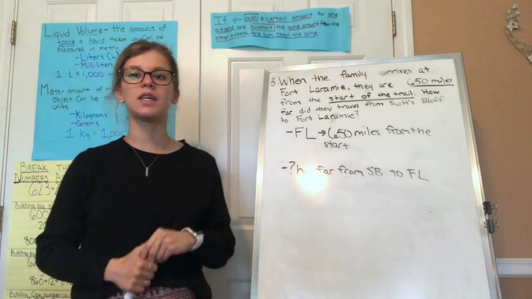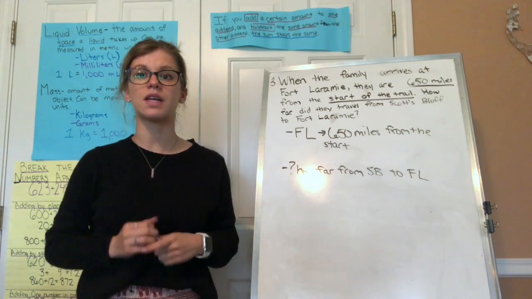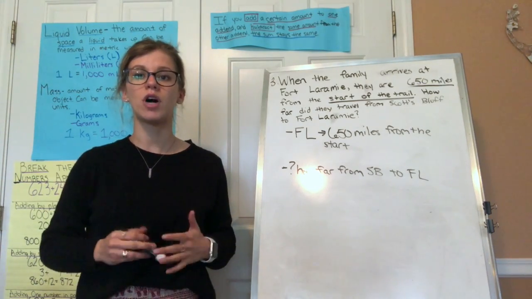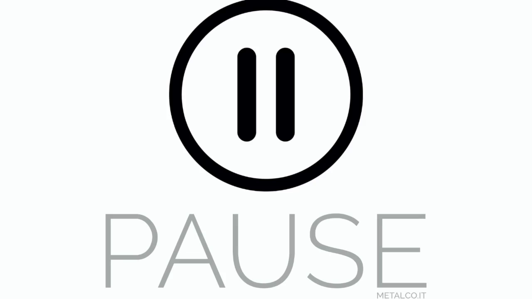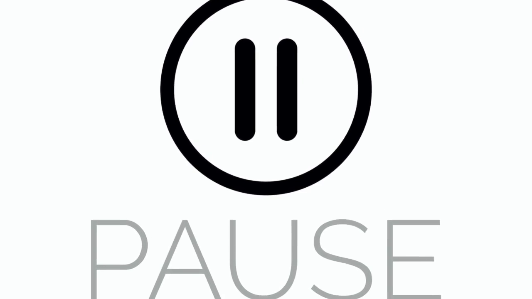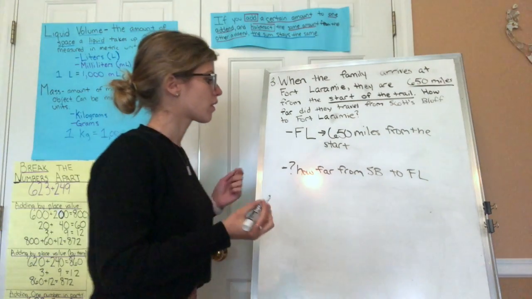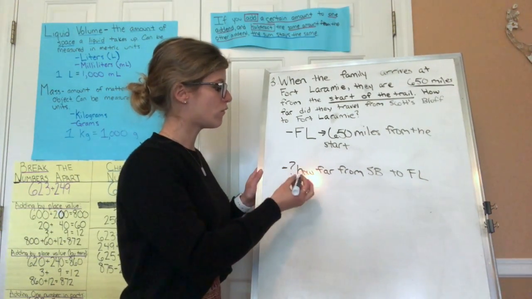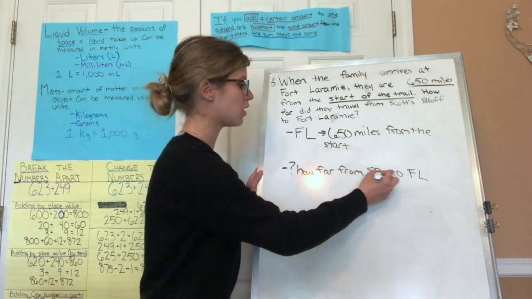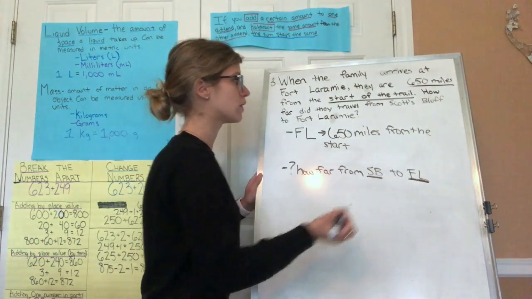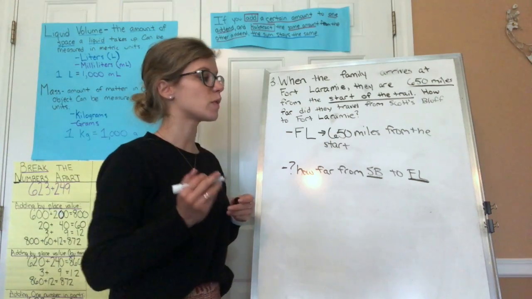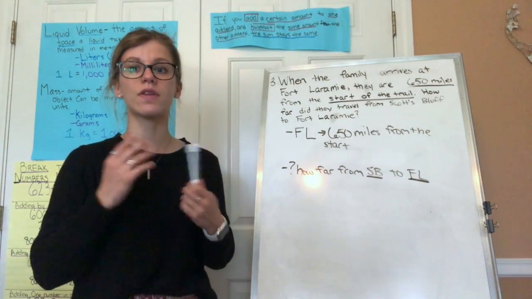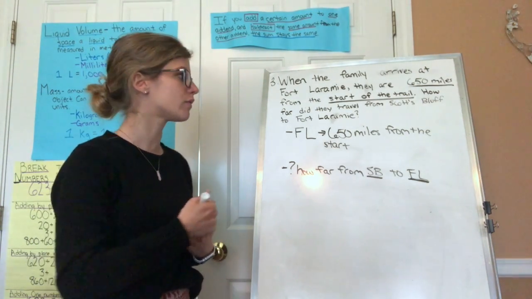I'm missing a key part of information that I need in order to solve this. Pause me and think about what else I need to be writing in order for me to solve this. In order to figure out how far from Scotts Bluff to Fort Laramie, I need to figure out how far they already traveled from the beginning when they got to Scotts Bluff.